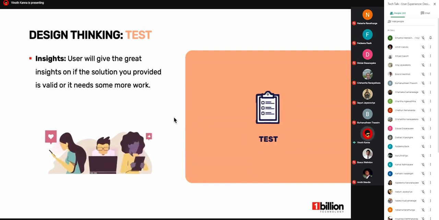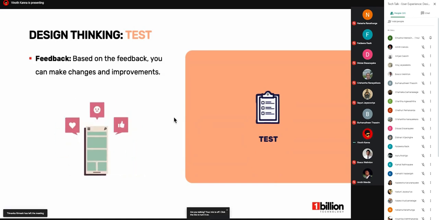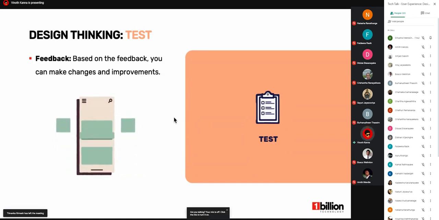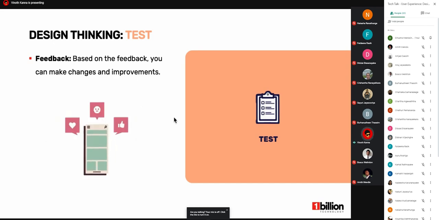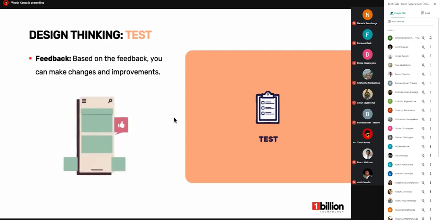Sometimes they like it very much, and sometimes it's not intuitive to them. Based on that, we can change the design, right? Like I said, it's an iterative process. It's not linear. Based on the feedback, we can make changes and improvements.